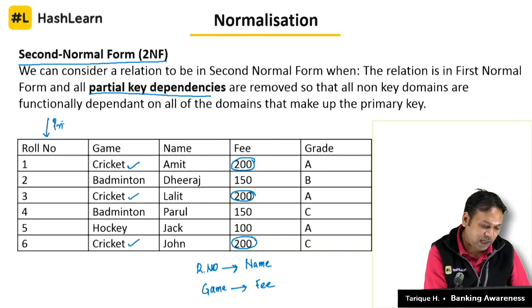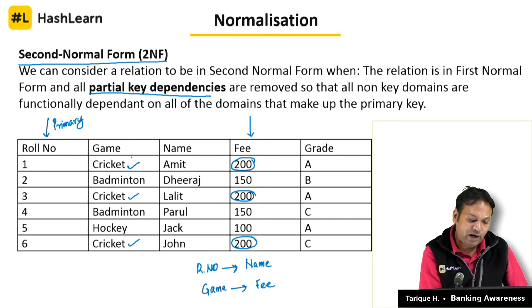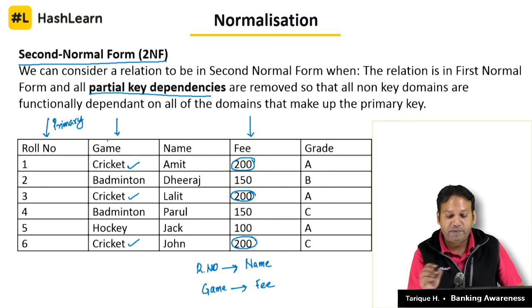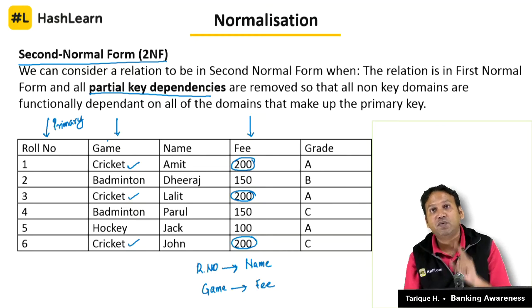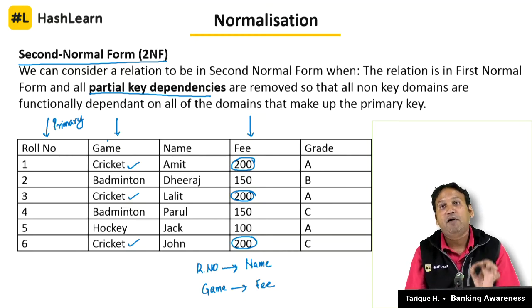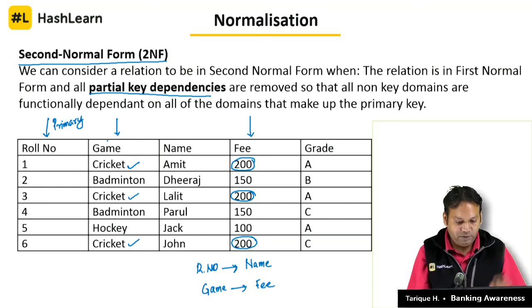That means we have an attribute here which is dependent on another attribute which is not a primary key. This should not happen, because this is what is called partial dependency. What we should know as a rule is that every non-prime attribute should be fully dependent only on the prime attribute. So this is the aim of second normal form.